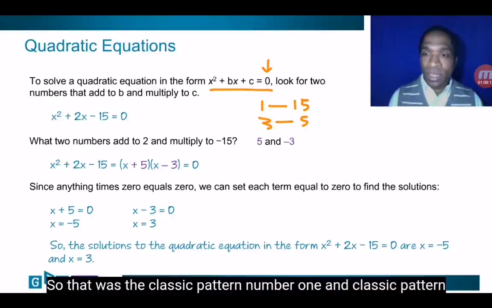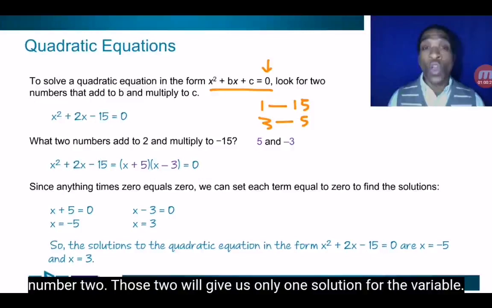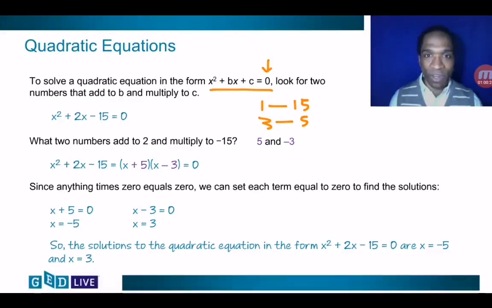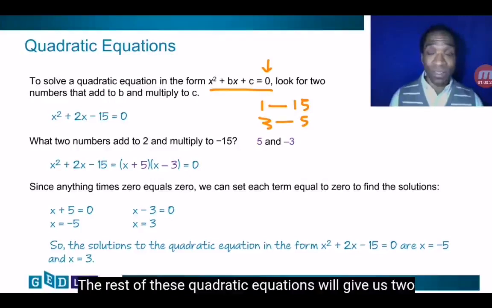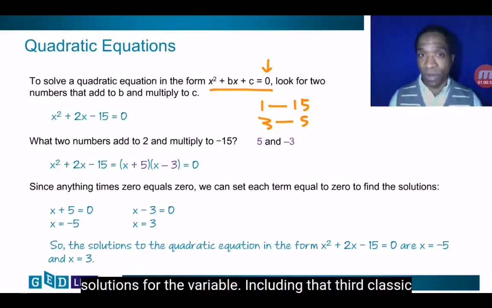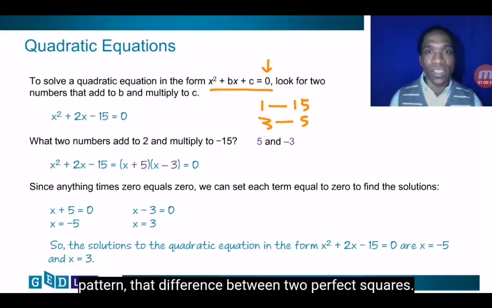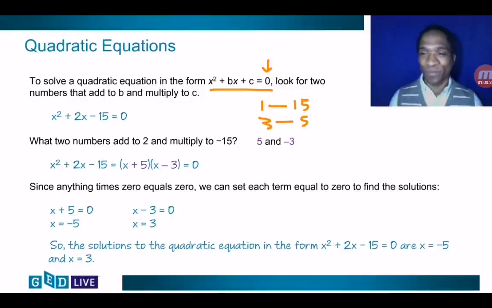That was classic pattern number one and classic pattern number two. Those two will give us only one solution for the variable. The rest of these quadratic equations will give us two solutions for the variable, including that third classic pattern, the difference between two perfect squares.